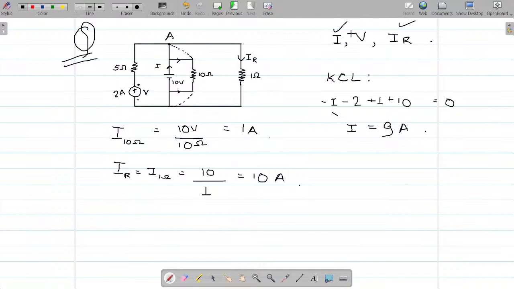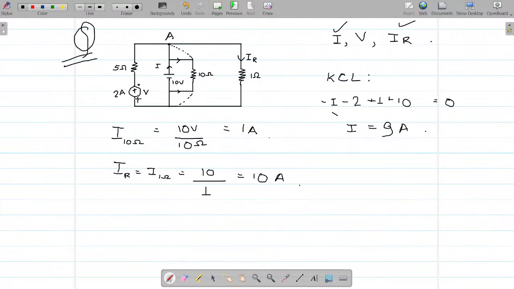Now what is asked to you again? You're asked what is the voltage across the 5 ohm, what is the voltage across this current, right? Now tell me, it's very easy.